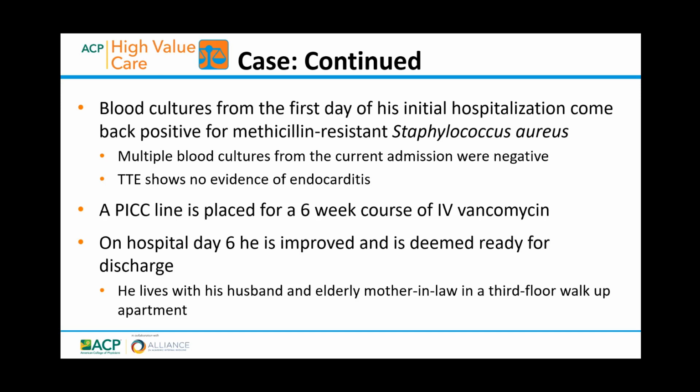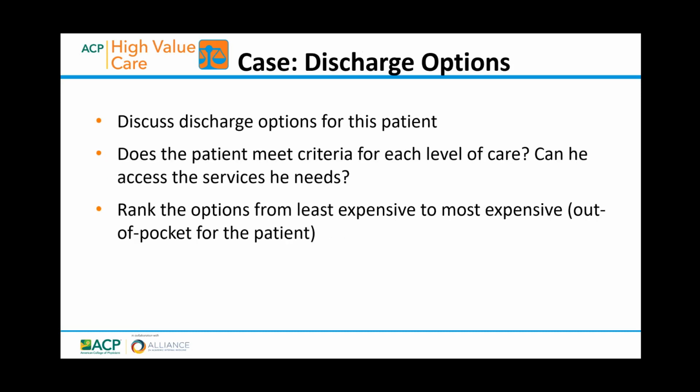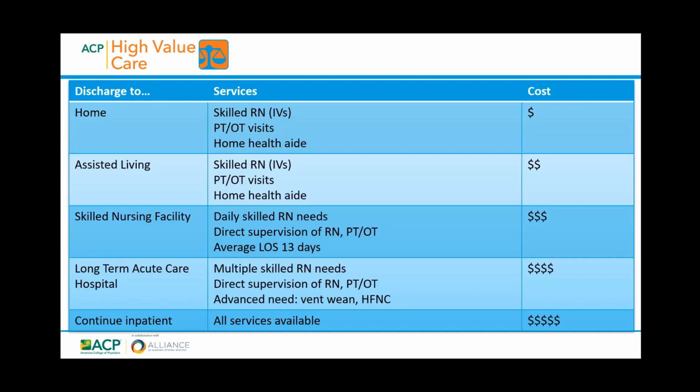So we're all ready to set up that OPAT. And then we find out that our patient lives with his husband and elderly mother-in-law in a third floor walk-up. So that's another area we need to look at: will this patient be discharged home versus any of these other options, and then the cost that goes along with that.